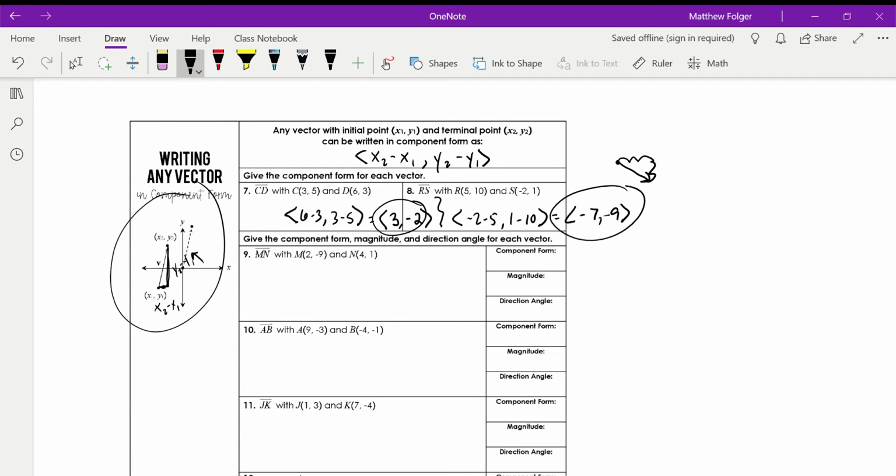But once we put it in component form, it makes it a little bit easier. So let's start by putting this into component form. The component form of MN is going to be 4 minus 2, and then 1 minus negative 9, which is 2, comma 10. So that's the component form of this vector. We know this vector goes right 2, up 10.